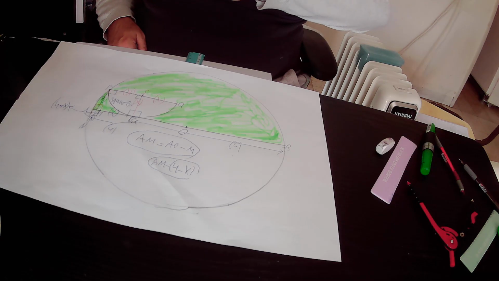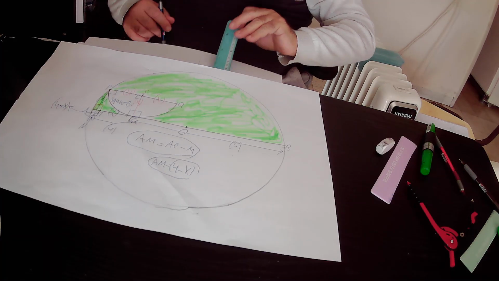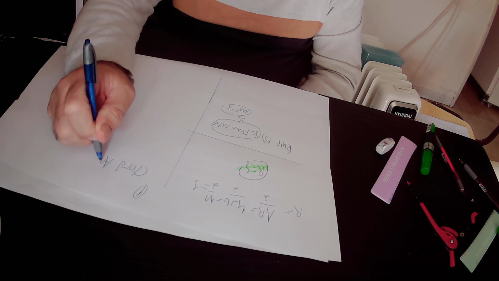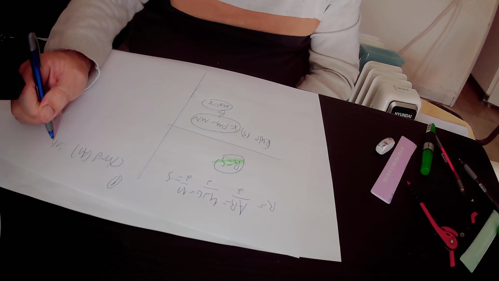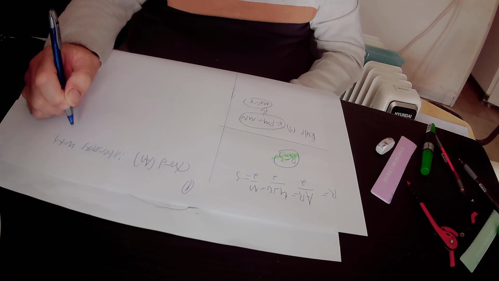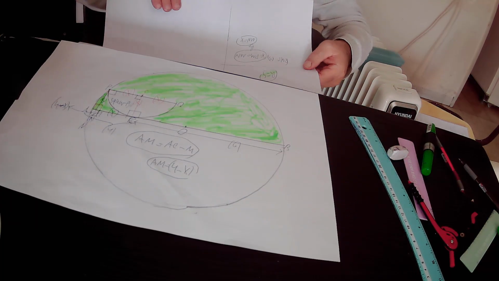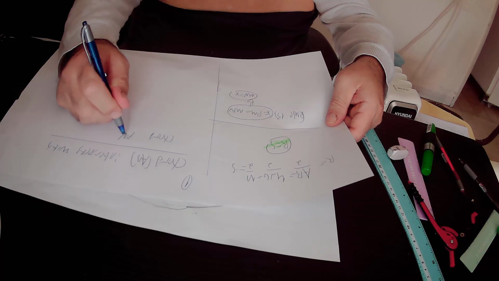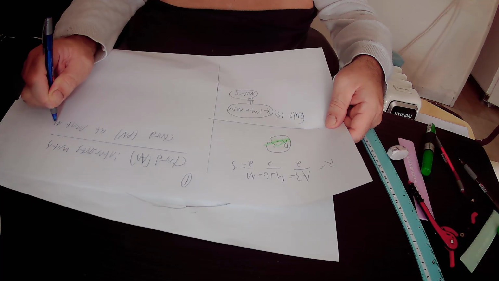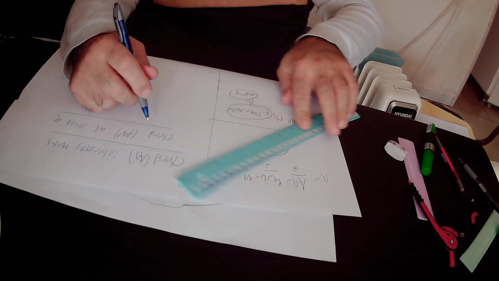Chord AB intersects with chord PN at point M. So in our original drawing, we have chord AB that intersects with chord PN at point M. So all the requirements of rule 24 are satisfied, and therefore we can implement rule 24.